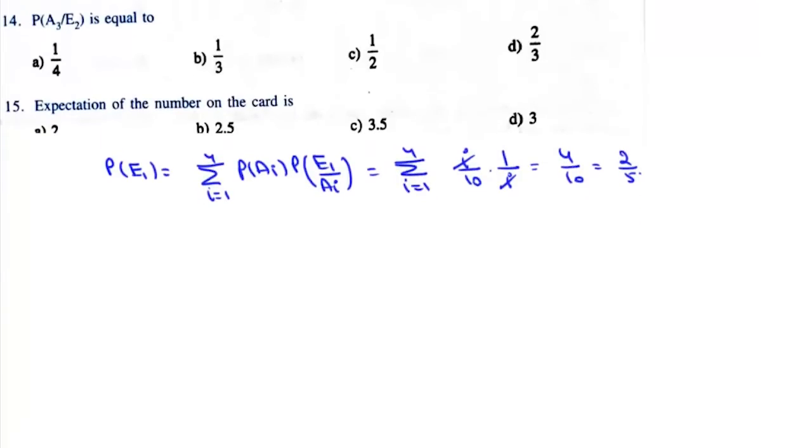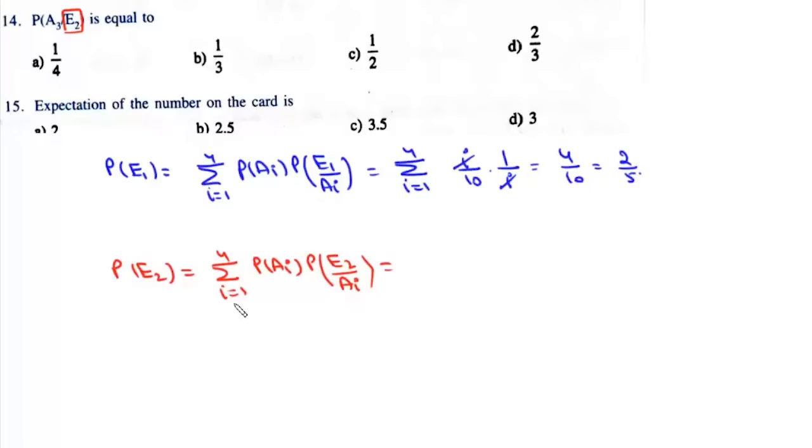Now the second part is, if the number chosen is 2, then find the probability that it has come from A3. Now probability of choosing E2 will be this summation, I varies from 1 to 4, probability of choosing AI into probability of choosing E2 upon AI. Now, in the first box, there is only one card and which is 1.